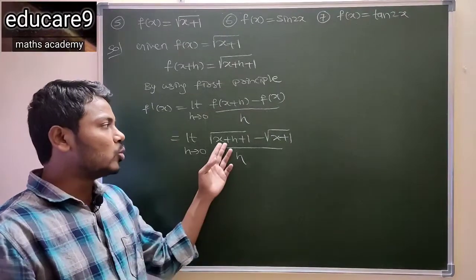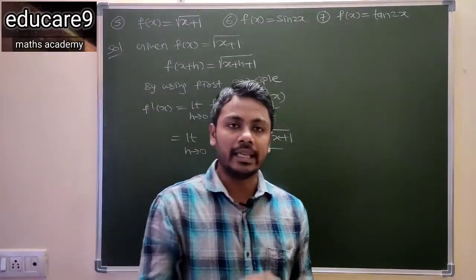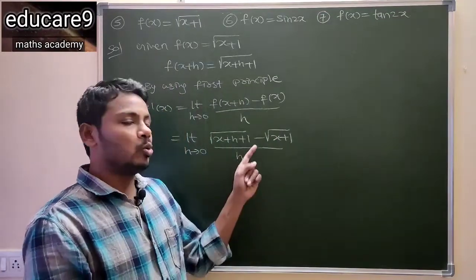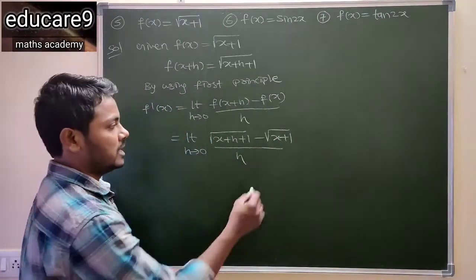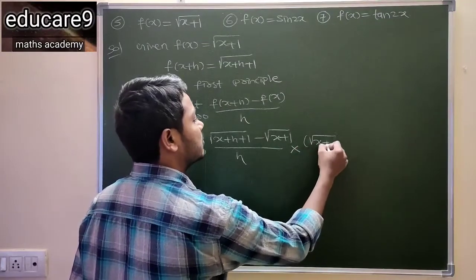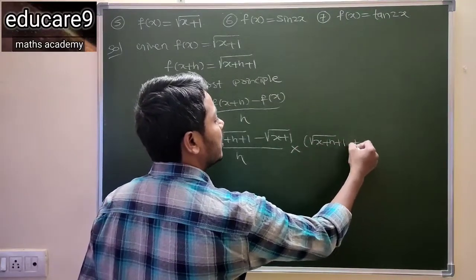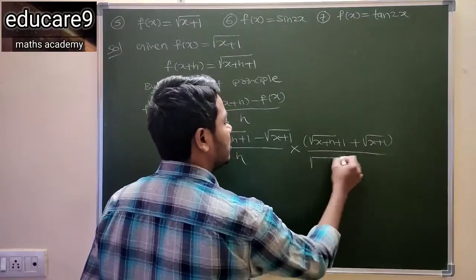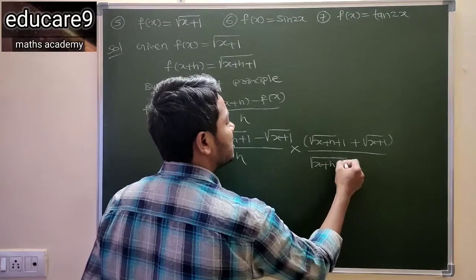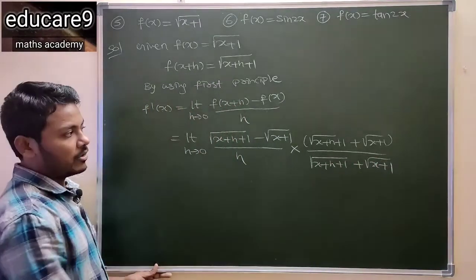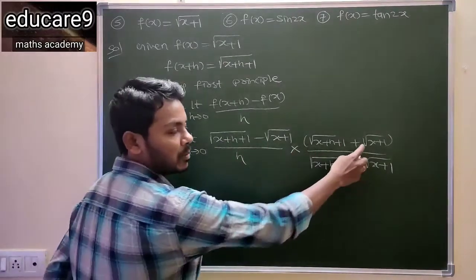See here, root values are involved in the limit function. Then we have to rationalize here. So multiply and divide with root x plus h plus 1 plus root x plus 1. Now it is in the form of a minus b into a plus b.